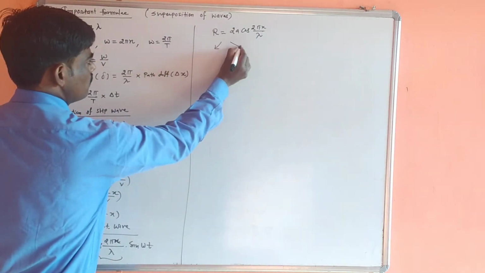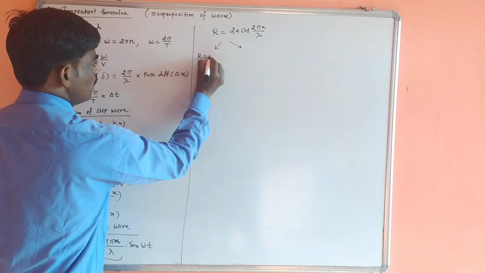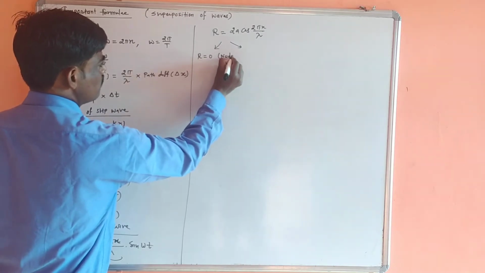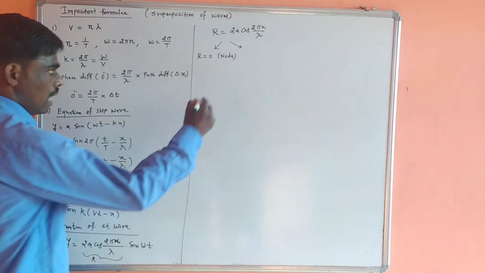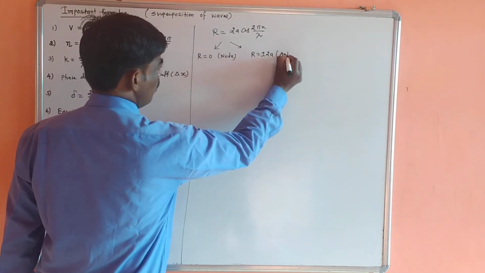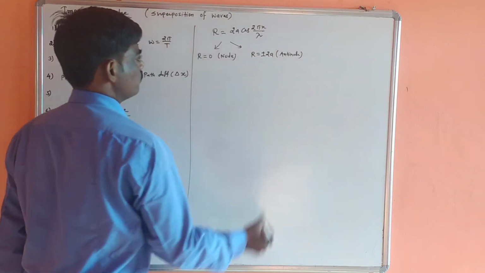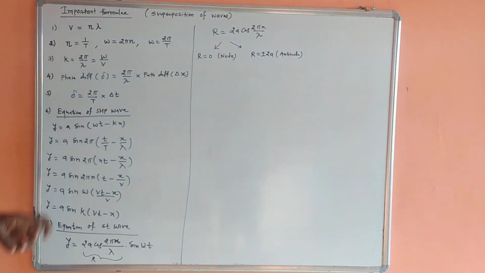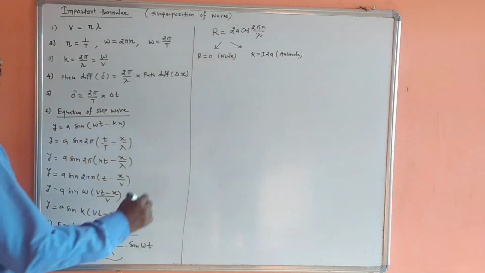So R is minimum, that is 0, for node condition, and R is maximum, that is plus minus 2a, for anti-node condition. These nodes and antinodes are formed on stationary wave.